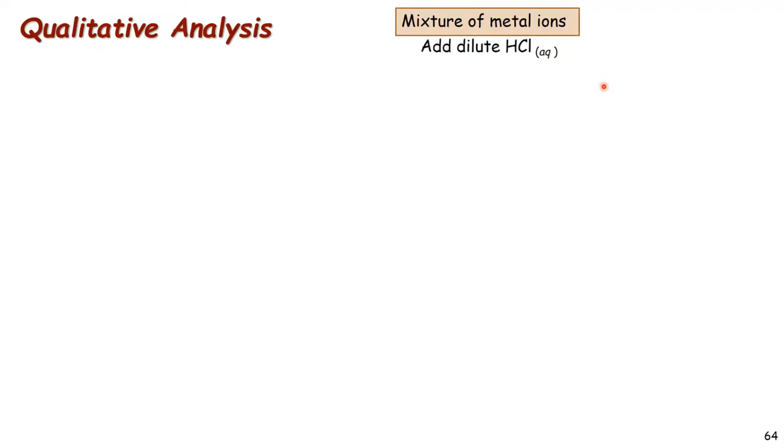First thing we're going to do is add dilute hydrochloric acid. Remember, according to the solubility rules, the chlorides are generally soluble with the exception of silver, mercury, or lead. So if I throw in a dilute solution of HCl, the silver, mercury, and lead are going to precipitate out.